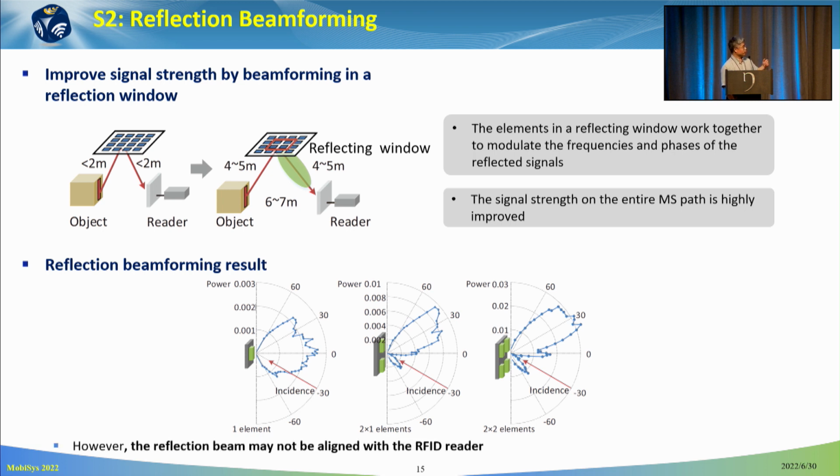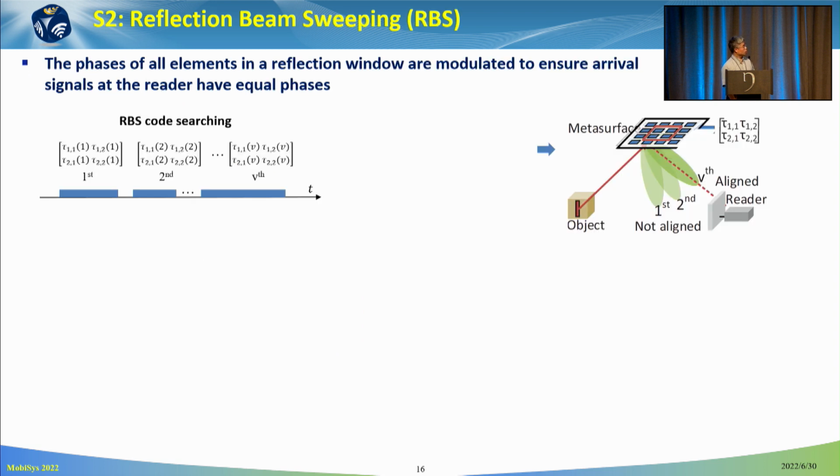The remaining problem here is we want to make sure the beam formed is pointing to the reader. Otherwise, it's not helpful, right? So what we can do is search the delay matrix for each element in this window. As you can see, we look at the first, the second, that's a time axis, and you can look at the right figure, right? That's a corresponding relationship.